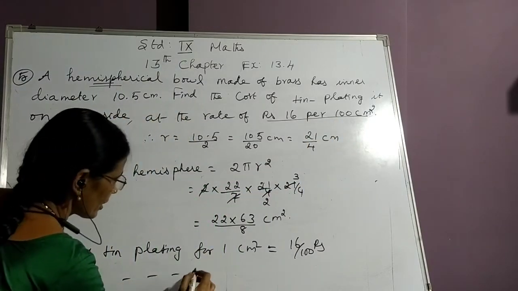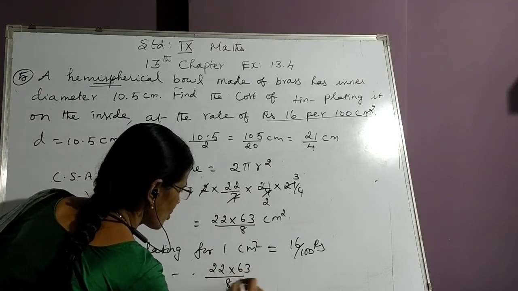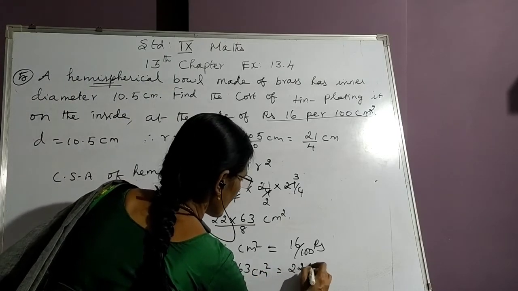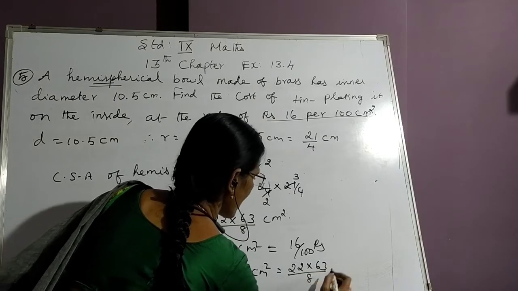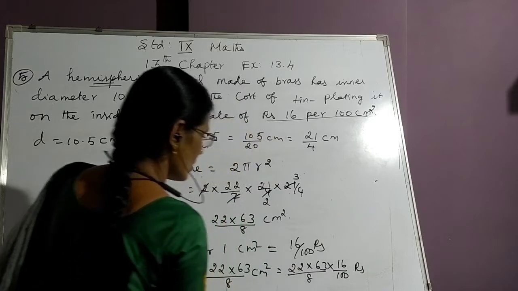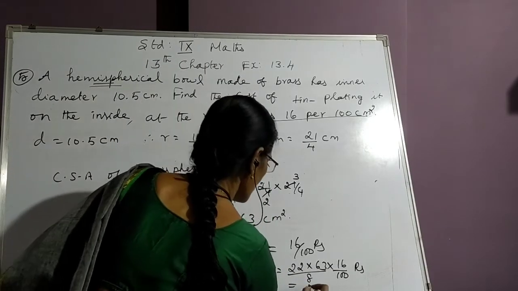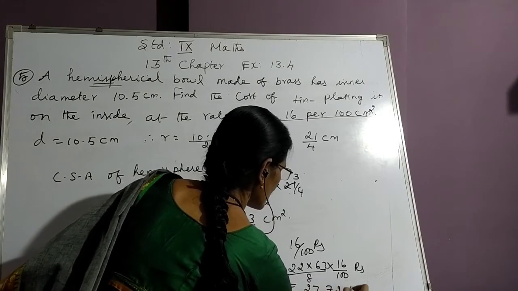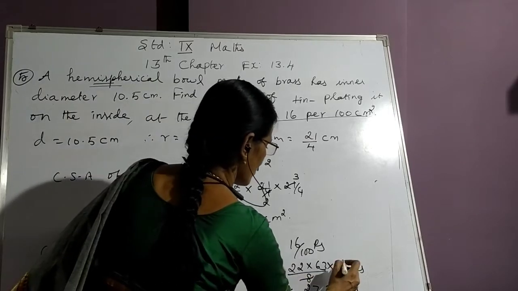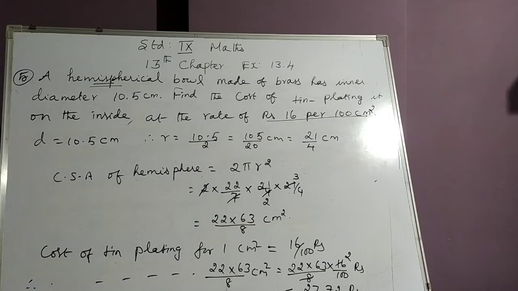Therefore, cost of tin plating for 22 into 63 upon 8 centimeter square is 22 into 63 upon 8 into 16 upon 100 rupees. So, calculating, we'll get 27.72 rupees.